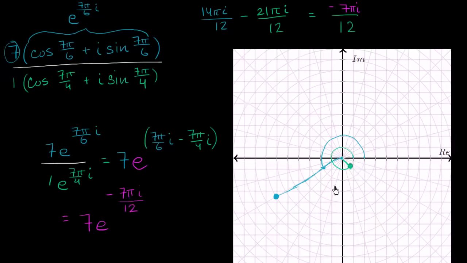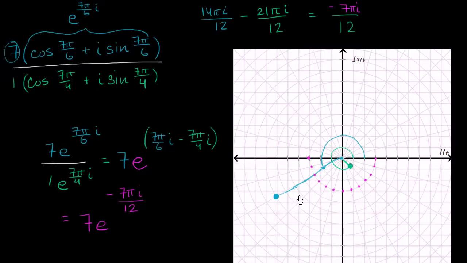So we're going to go in the negative direction. We're going to go clockwise. Let me start here. And so if I go 1, 2, 3, 4, 5, 6, 7, 8, 9, 10, 11, 12 gets us right over there. Did I do that right?